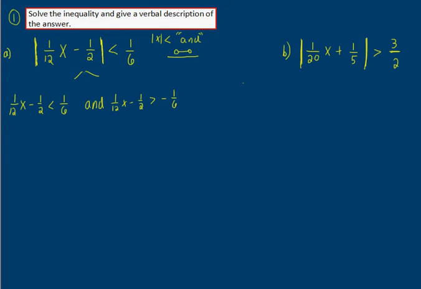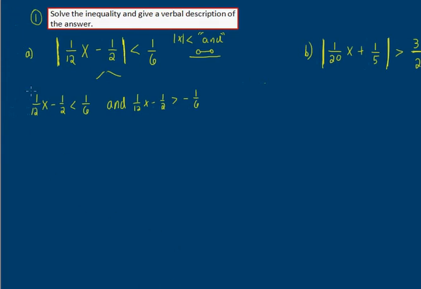So, let me scoot this over just a little bit. I'm going to multiply the left side by 12, and I'm going to multiply the right side of the inequality by 12. 12 times 1/12 is just 1, so this is 1x. 12 times 1/2, so this is minus 12 over 2, which is just 6, is less than 12 times 1/6, which is 12 over 6, which is just going to be 2.